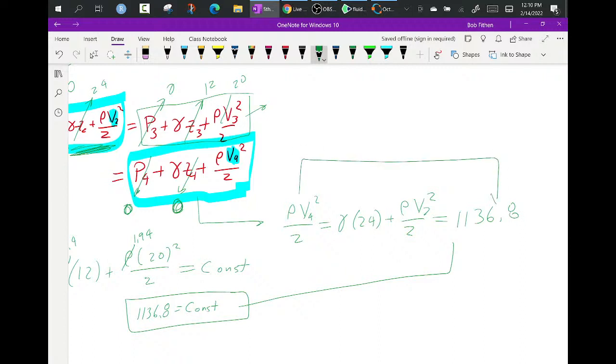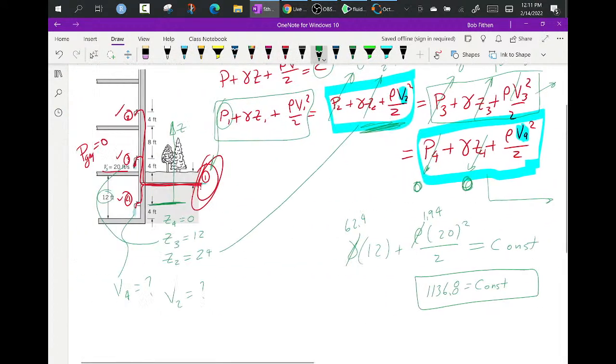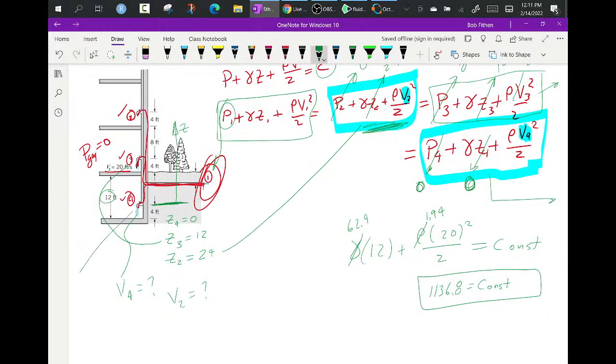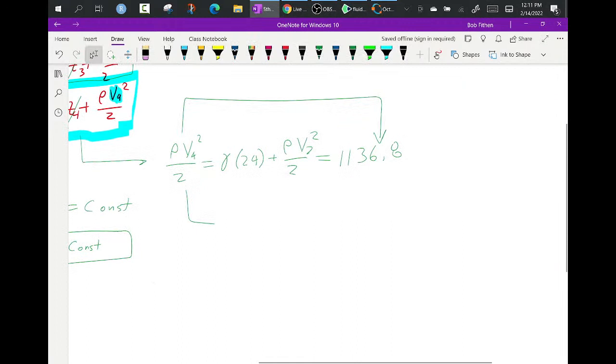Let's start with the simplest. If I want to know V4, the velocity out of the lower faucet, then 1136.8 times 2. Now I'm kind of ignoring this for the moment.